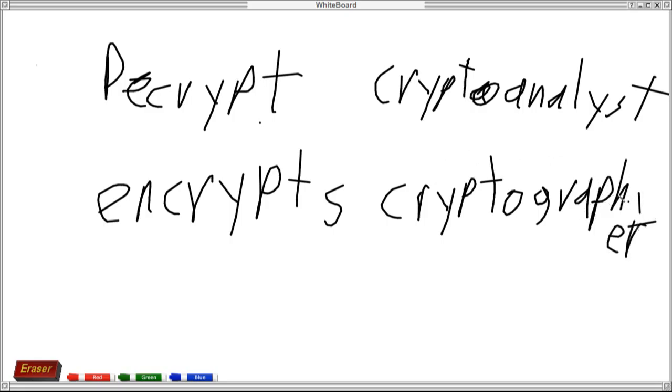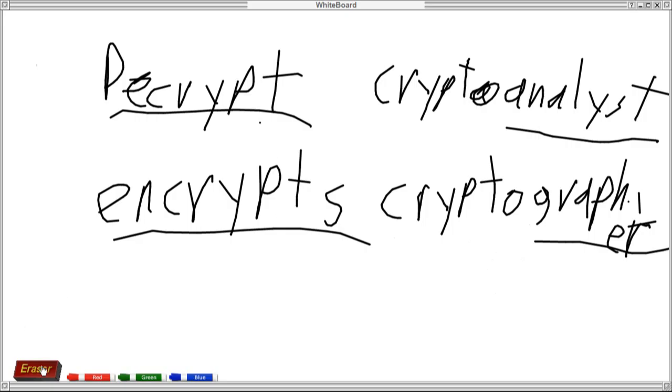Okay, and you can tell which one is which. Cryptanalyst, he analyzes. Why? To decrypt it. That's his job. In encrypts, cryptographer. He grabs the symbols. He encrypts the ciphers.